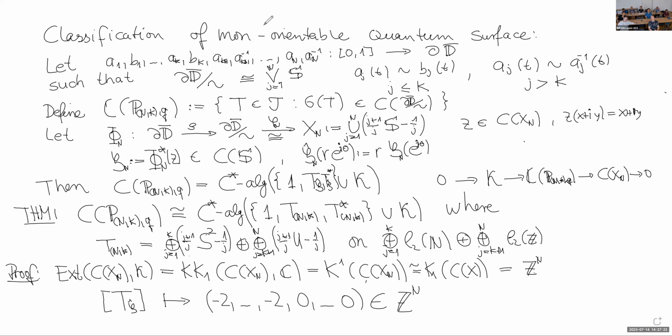So they are unitarily equivalent up to compacts. So now we know that these C*-algebras are isomorphic, and that proves the theorem.